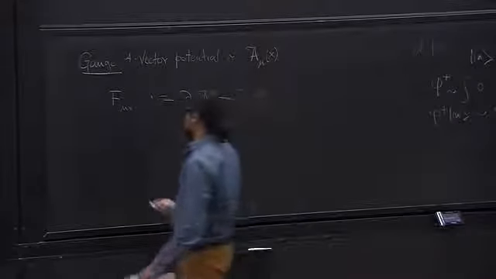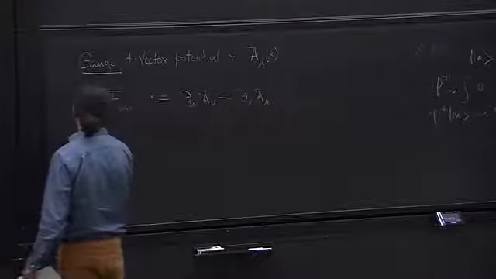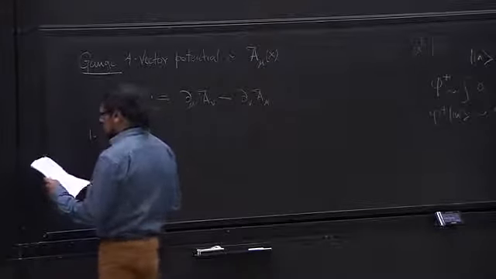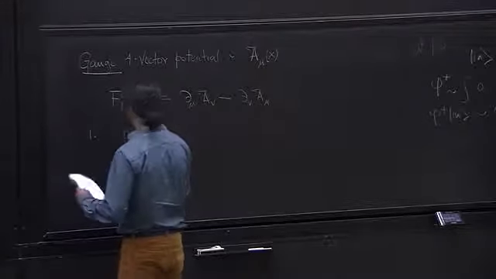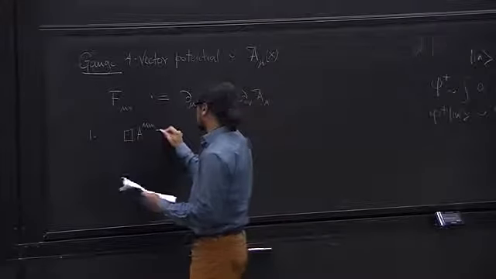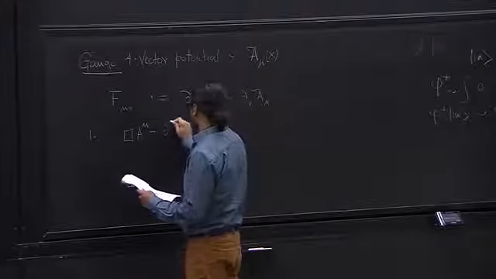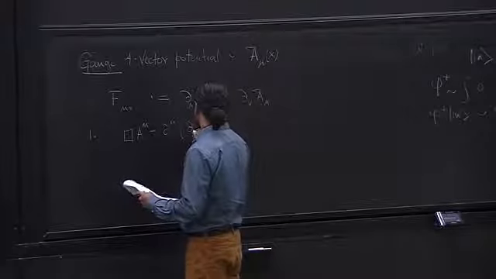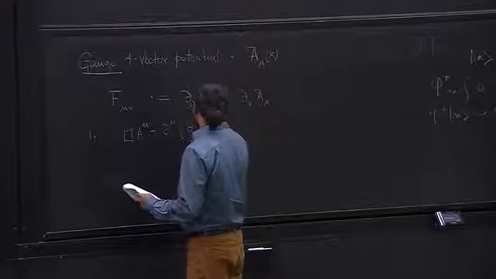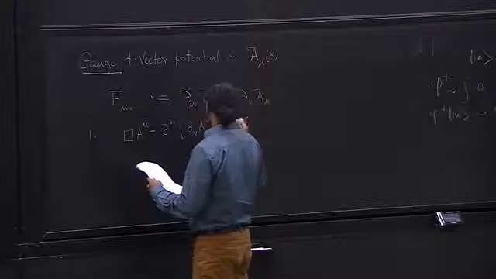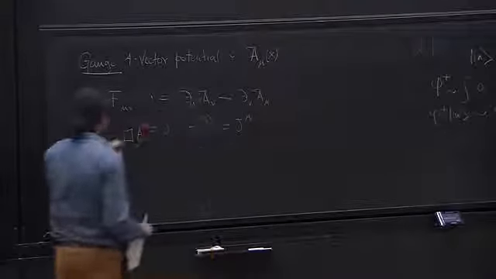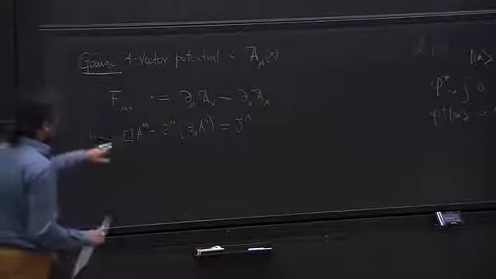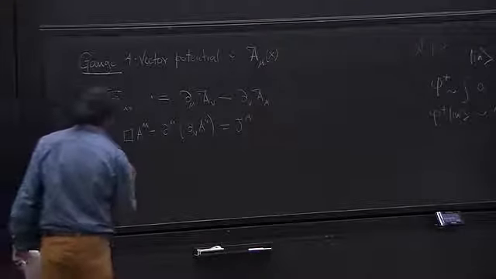So if you do this, then the first of Maxwell's equations becomes the D'Alembert operator acting on A. The D'Alembert operator is a wave operator in Minkowski space.